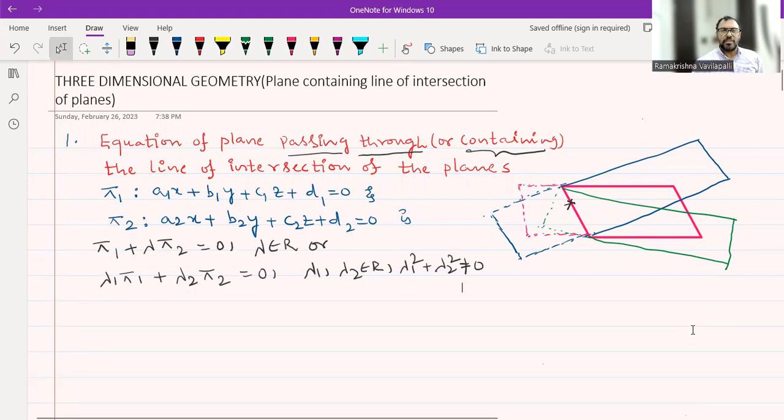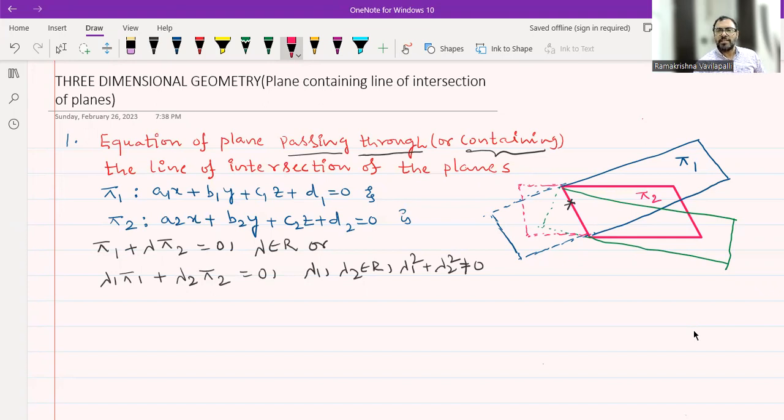Now how do we prove this? You see, here I have drawn some planes and I will give the names. Assume this plane is pi1, and this red one is plane pi2.